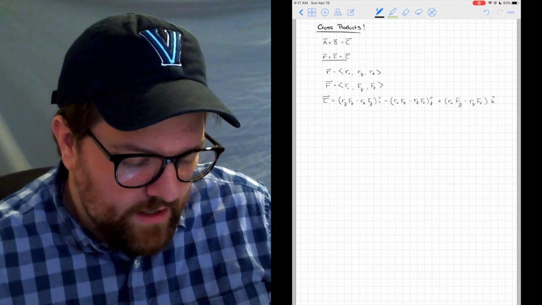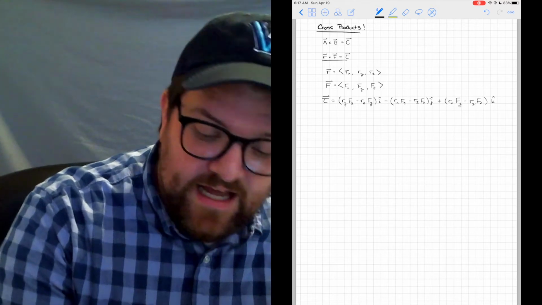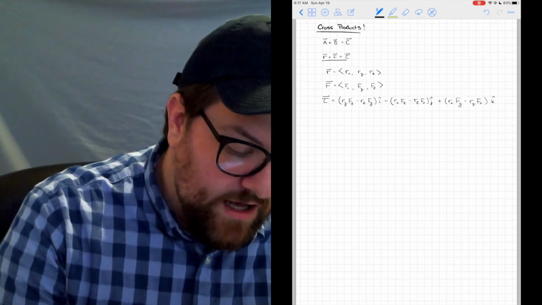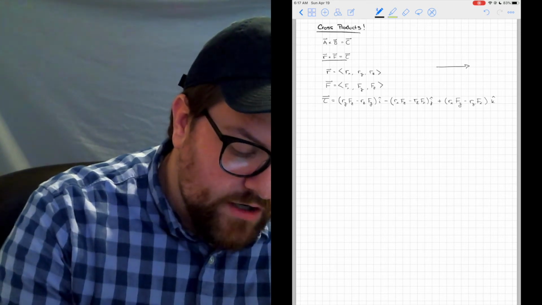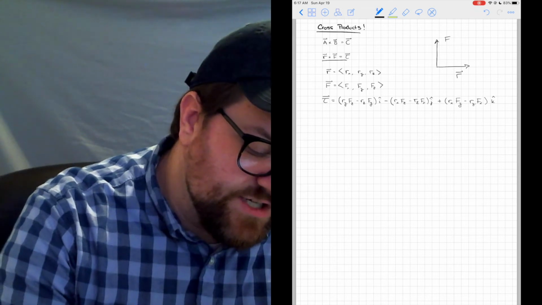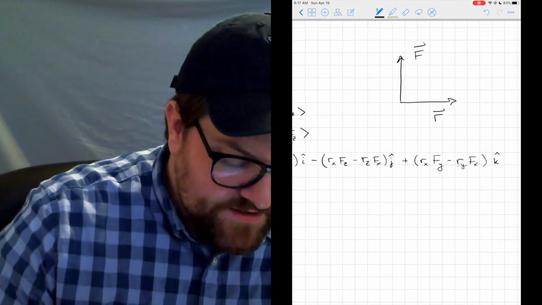The reason I say it's inherently 3 dimensions is, let's say I have some r here, and my f vector is just in the y direction. So these are just x and y vectors.